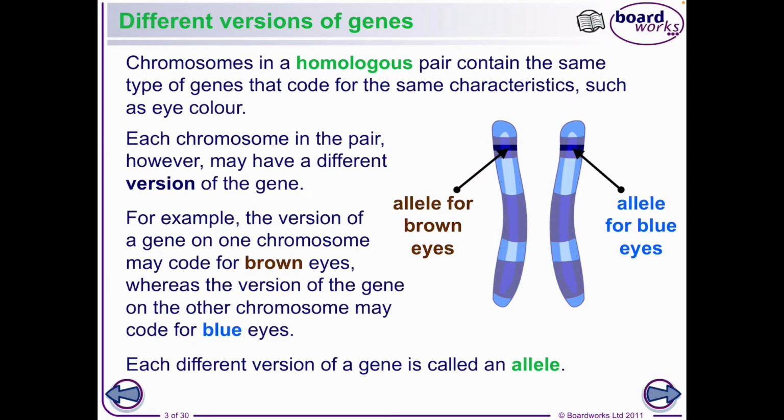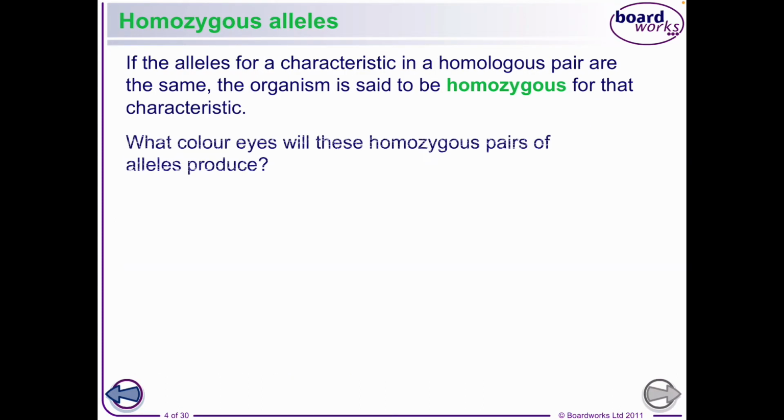Okay, so you can see, here's a homologous pair of chromosomes. This chromosome on the left has got the allele for brown eyes, and this one on the right has got the allele of the gene for blue eyes. If an organism has got two alleles the same for a particular gene, they are said to be homozygous.